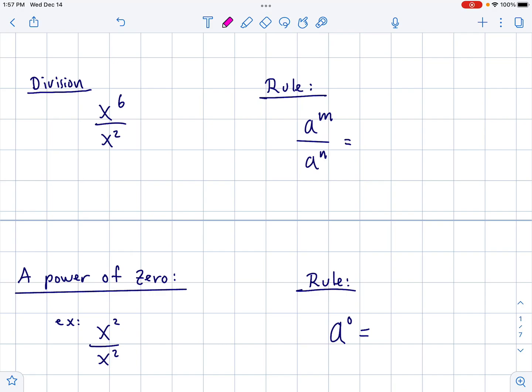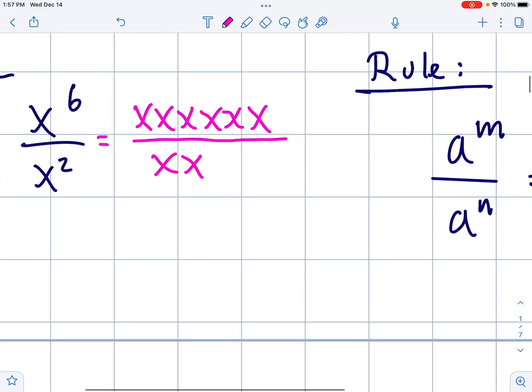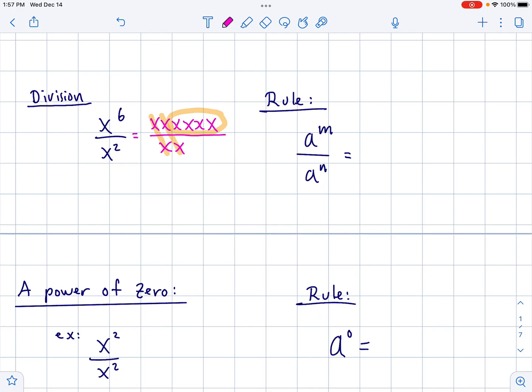Now, if you were to divide two things that have the same base, what you would do with their exponents, I just expand it once again: you would have 6 x's on top and then 2 x's on the bottom. Then if you look at this, there are 2 sets of x's that cancel each other out. So those 2 go away, leaving us with a grand total of 4 x's.